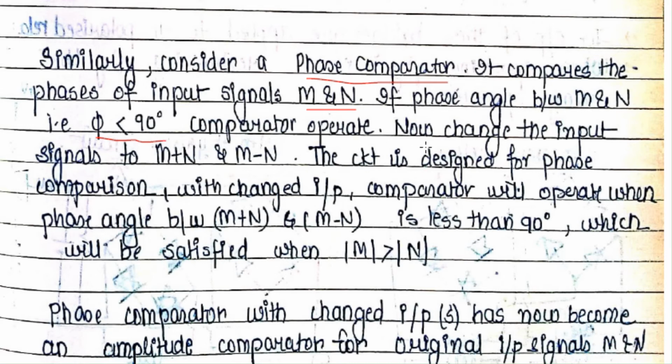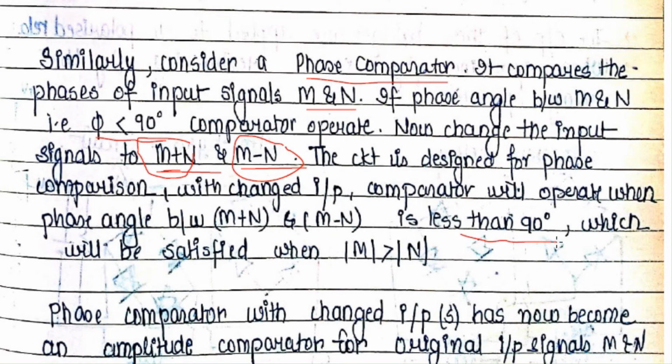Now, similarly changing or modifying the two input quantities as the sum and the difference of the two input quantities, m plus n and m minus n. These are our modified input quantities. Since this is a phase comparator, it will operate only when the angle between m plus n and m minus n is less than 90 degree.